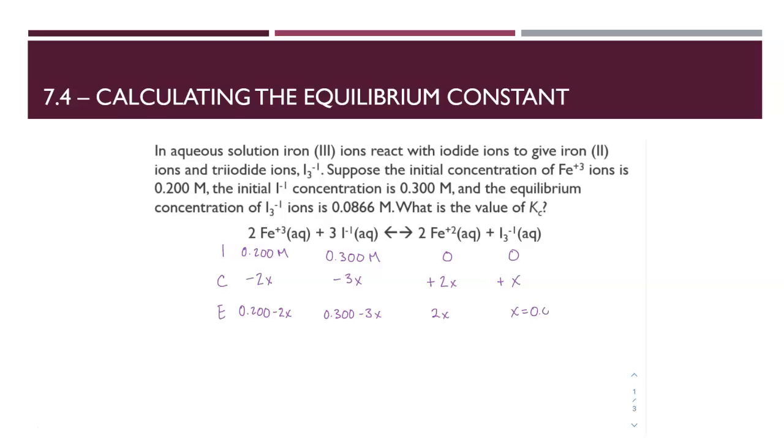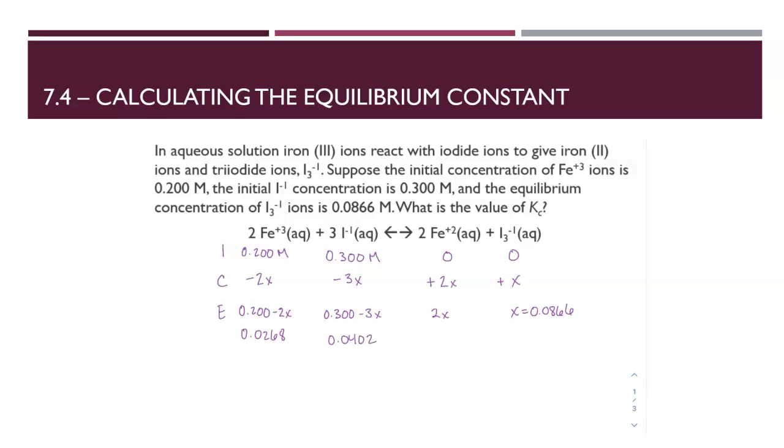X is 0.0866. So this one's easy because then we can just substitute that value in for each of these. My actual value of my iron 3 concentration is going to be 0.0268, so I plugged in 0.0866 for x. I'm going to do the same for my iodide ion, which gets me 0.0402.